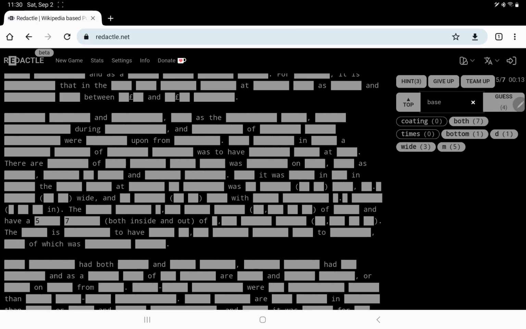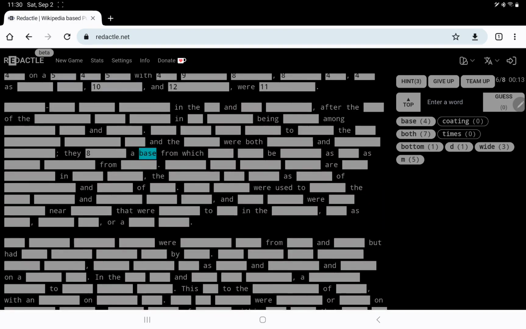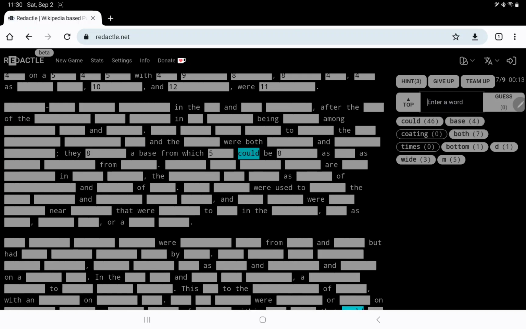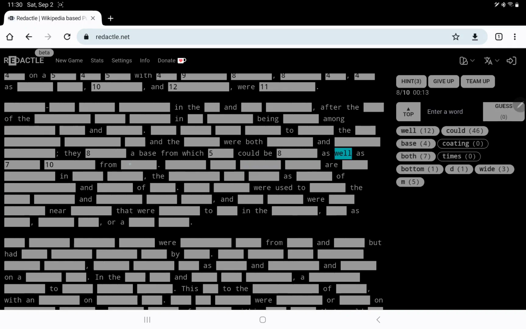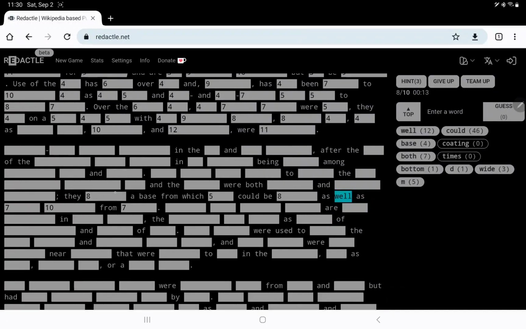Let's try a base. If it has a bottom, it might have a base. Something a base from which 5 could be 8 as well as 7-10 from 7. They blank a base.